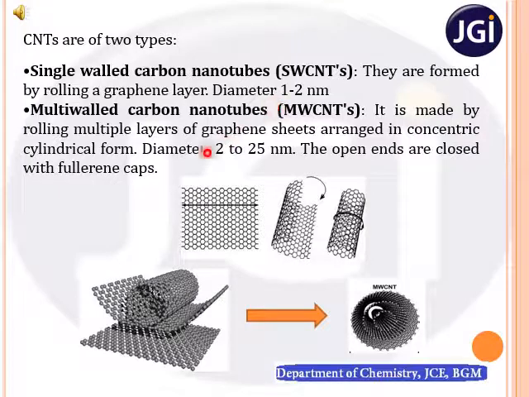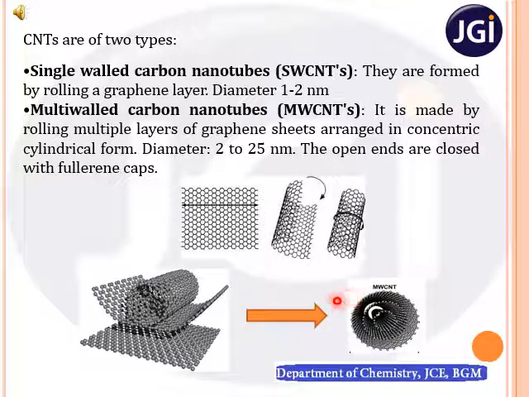As shown in figure 1, a single graphene sheet rolled into a tube-like material, hollow at the core, is called a single-walled carbon nanotube. Whereas multi-walled carbon nanotubes are made by rolling multiple layers of graphene sheets arranged in concentric cylindrical form. Look at figure 2.